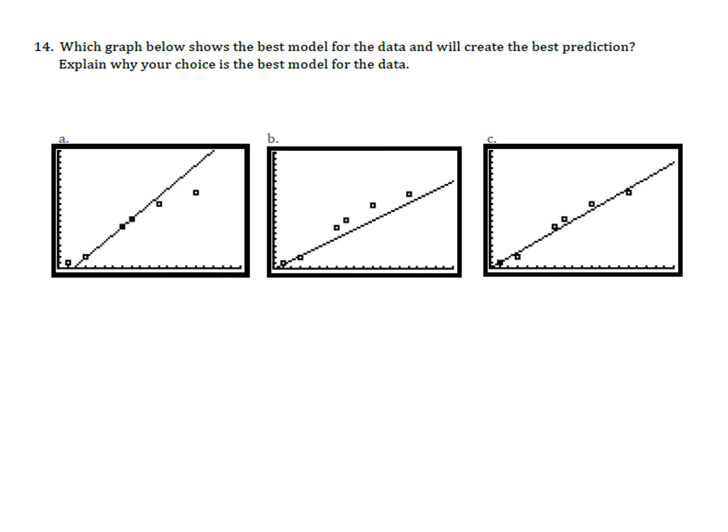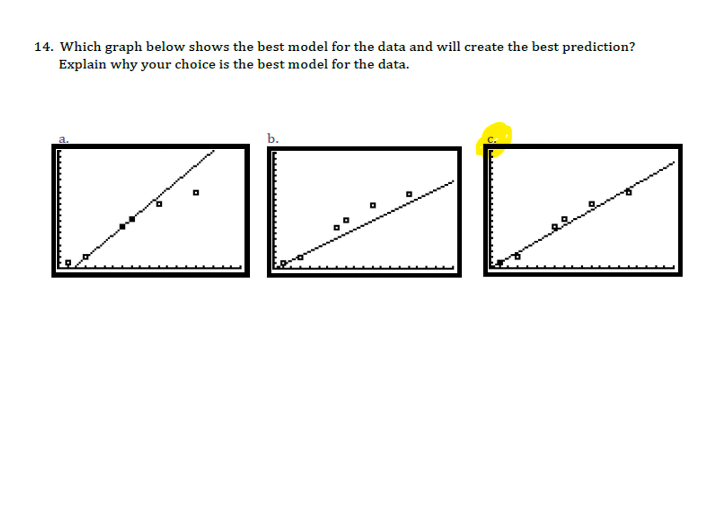All right, hopefully we all agree that part C is going to be the correct one. That line best fits that data. Those points all lie really close to it. Line B, a lot of the points are above the line. In part A, that slope looks very steep.